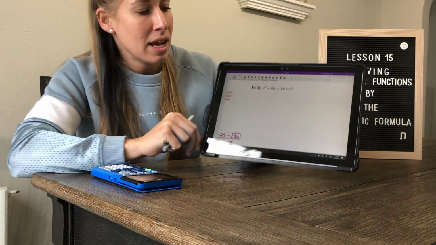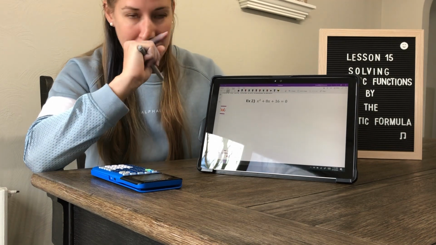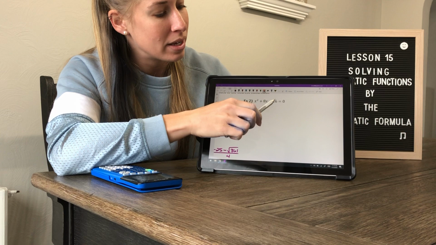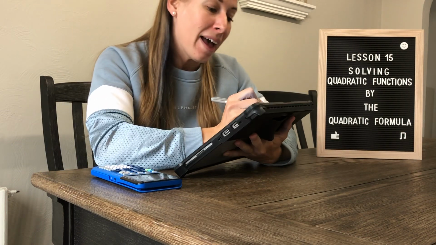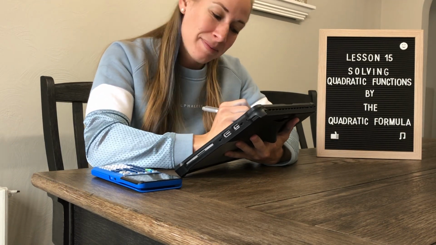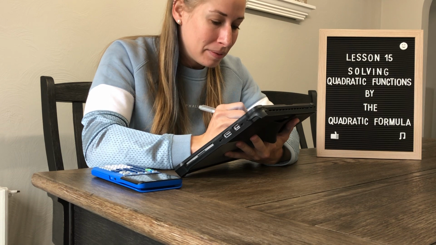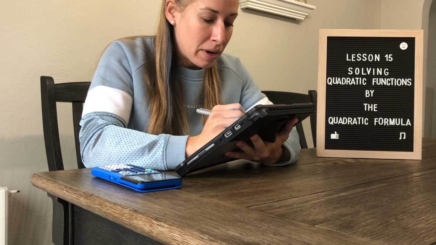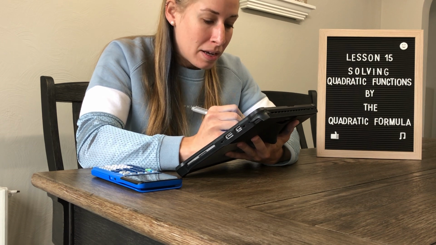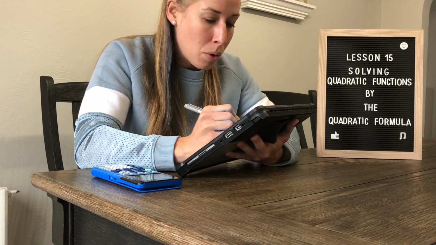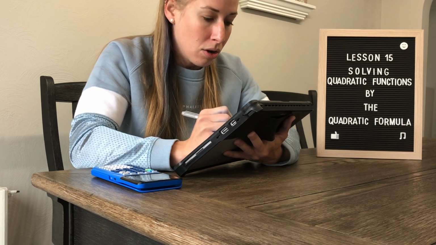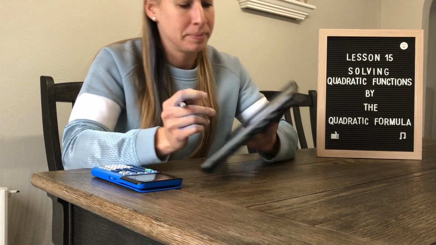Number 2, x squared plus 8x plus 16 equals 0. It's already set up in your standard form with your a, b, and c. So x equals opposite b, should be negative 8, plus or minus square root b squared minus 4ac all over 2a.